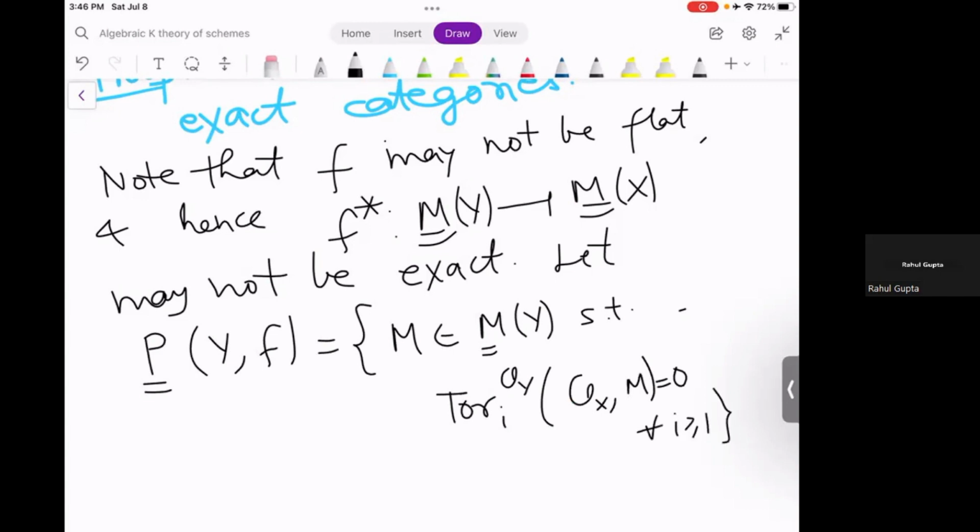Which means the Tor dimension of these O_Y modules is actually 1 or 0.